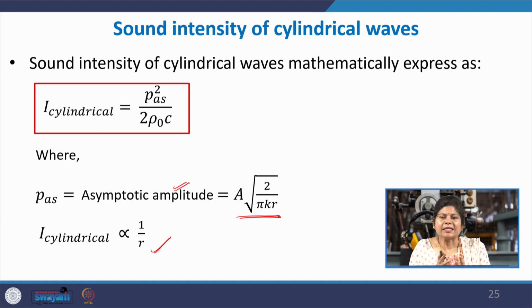Suppose you have a source emitting a spherical wavefront. That means attenuation automatically happens with distance; the pressure attenuates inversely proportional to R square. If you have a cylindrical wave, it is inversely proportional to R, and if it is a harmonic plane wave, there is no attenuation at all.